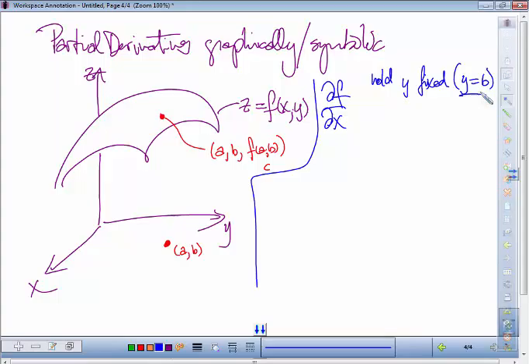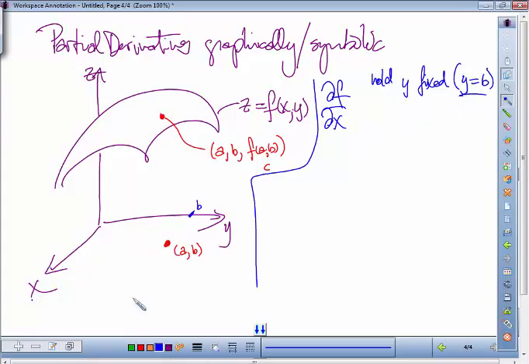XZ plane. So y is equal to b is some b measurement. But when you write this down, or when you try to graph this, this is a graph of a plane that is parallel to the XZ plane.